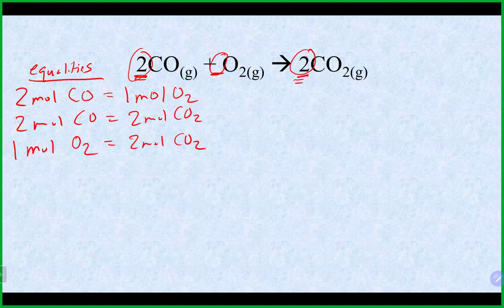Now, because these are equalities, these equalities are the same type of equalities that we saw like in chapter 2. For every equality, you could write 2 conversion factors.